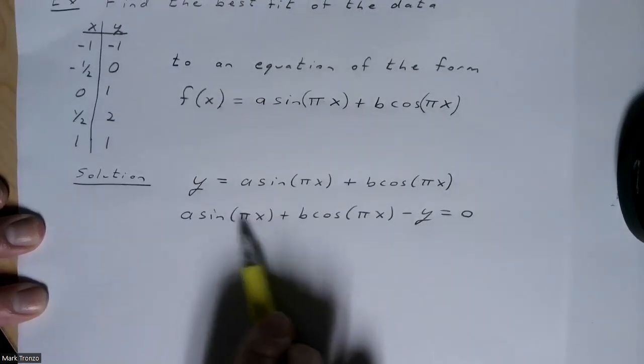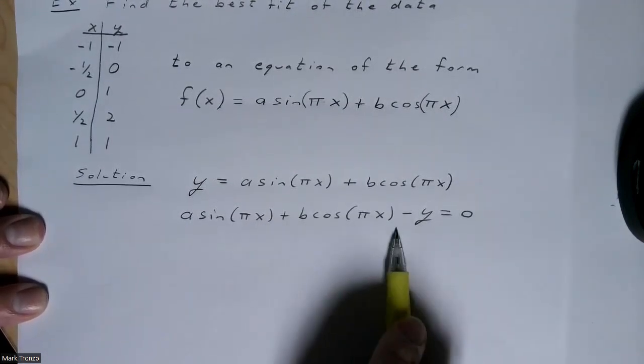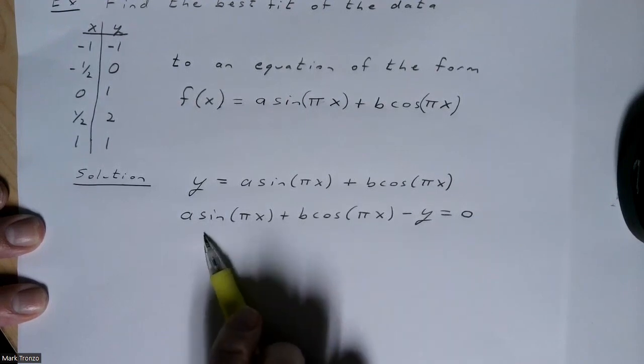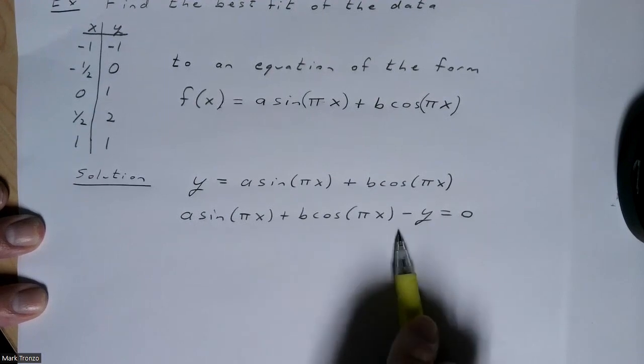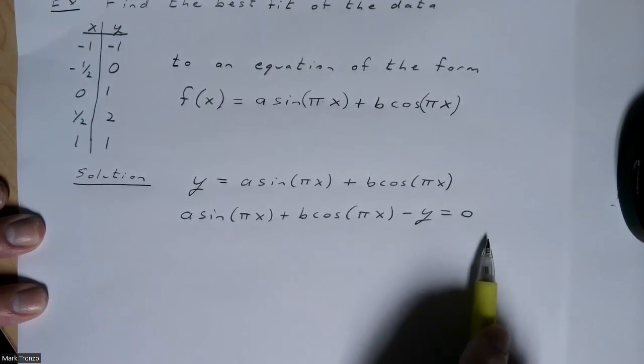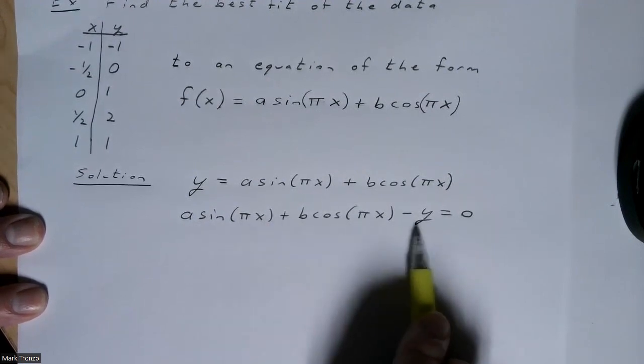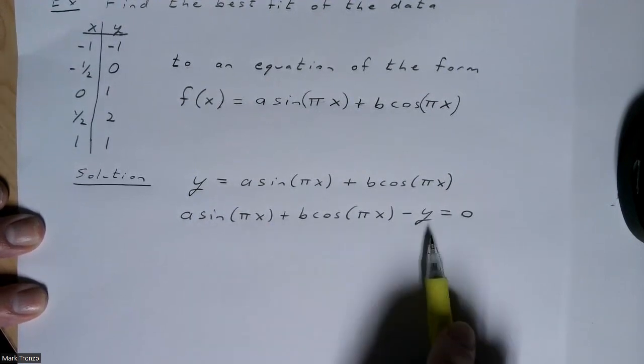And again, if our points x and y are right on this curve for the A and B we picked, then both sides are going to be 0. So just like before, this is going to be our error.